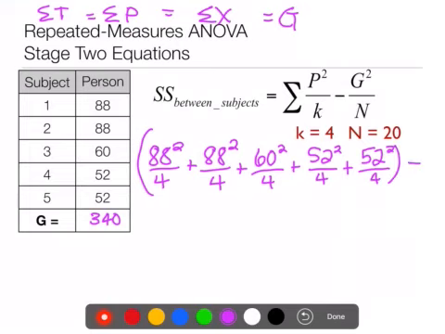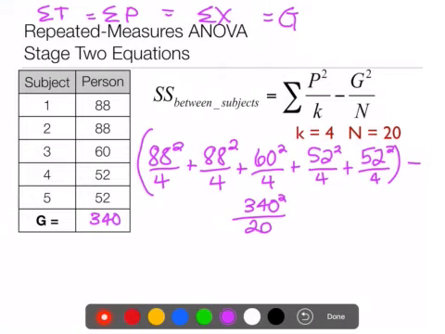And then we're going to subtract that G squared, sorry about that, that 340 squared divided by 20, okay? Now you're going to have to bear with me. I did not cheat and pre-calculate all this stuff for us, so I'm going to do that right now.